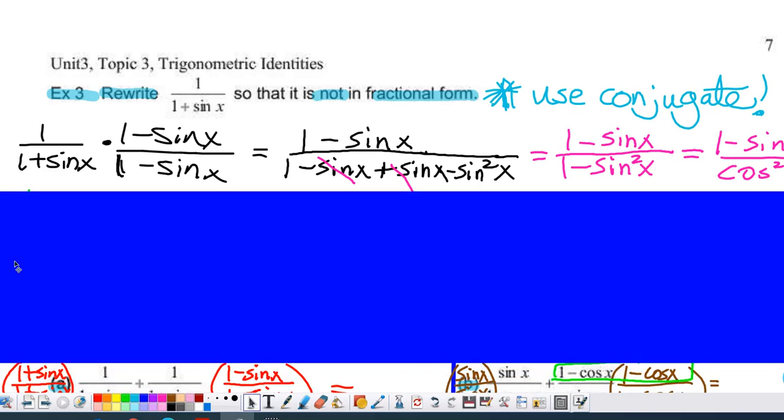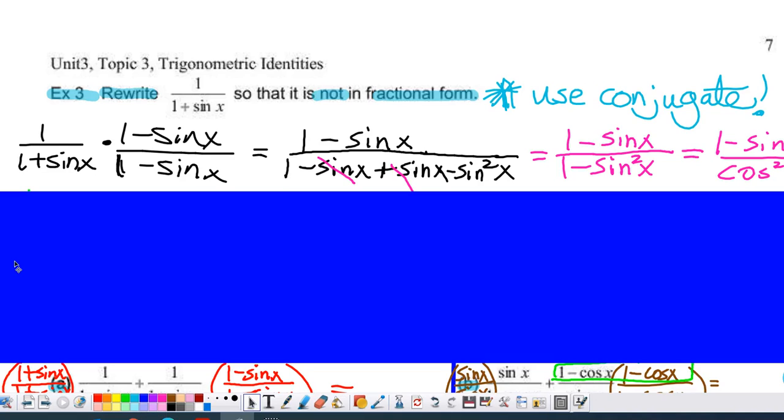You can't just multiply the numerator or the denominator by the conjugate. You must always multiply fractions by 1. So 1 minus sine x over 1 minus sine x is 1. In the denominator, if I use FOIL to multiply, that changes it to 1 minus sine x plus sine x minus sine squared x.